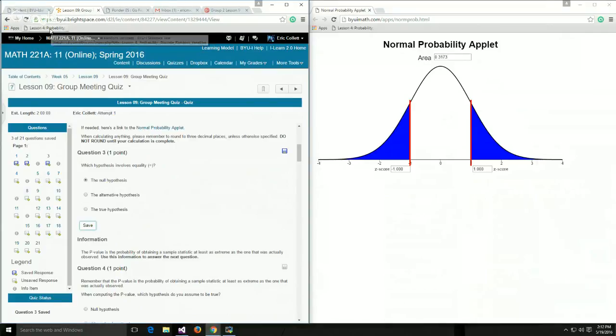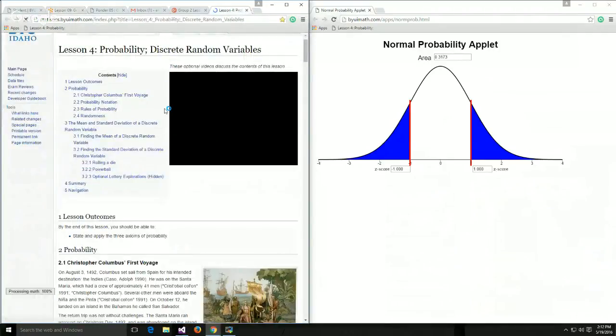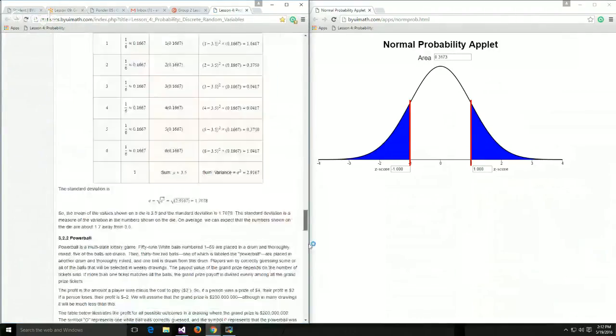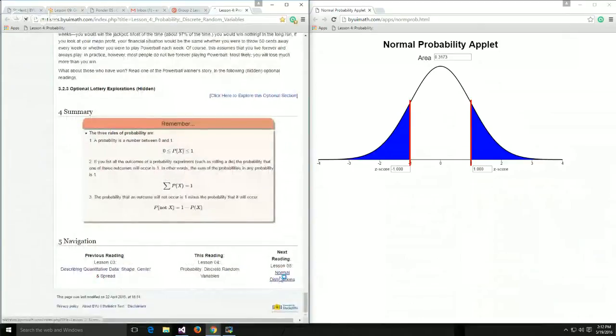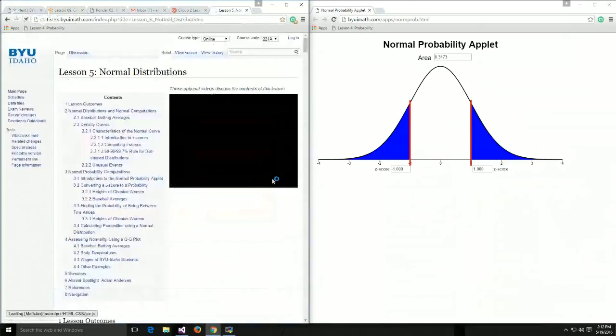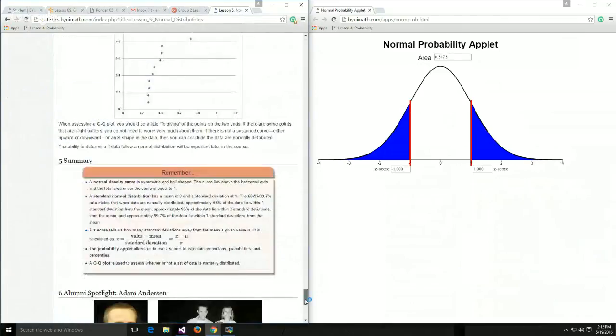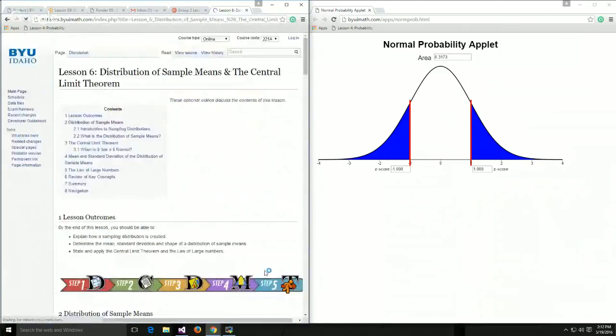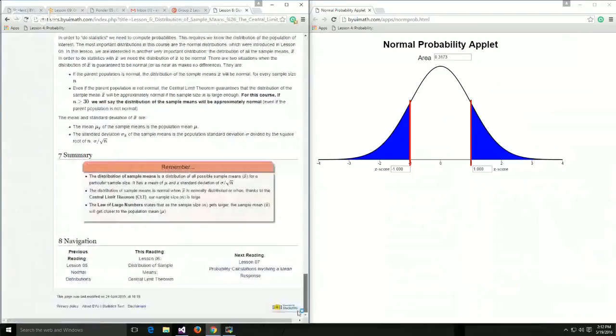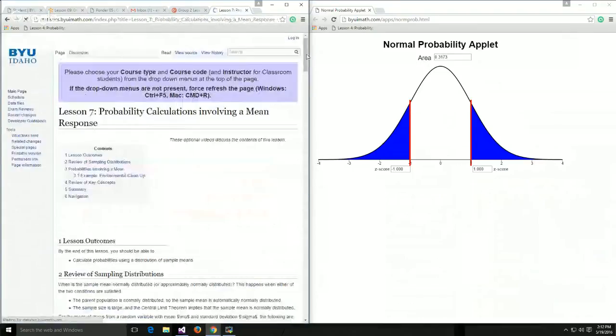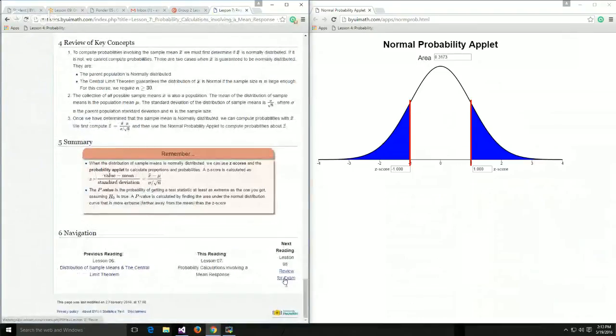Yeah, I think it is the null hypothesis.